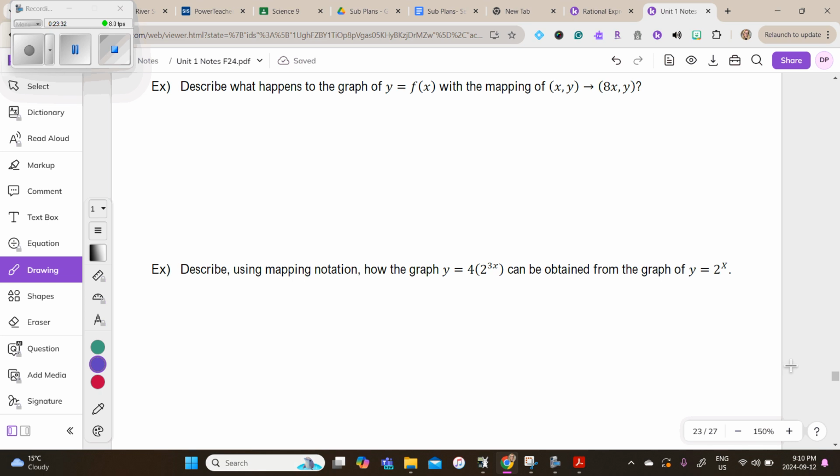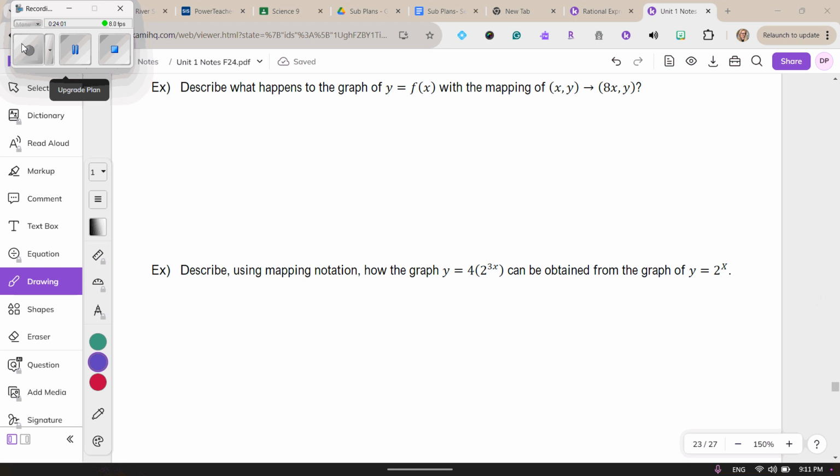I'm sure, knowing the brains in the room, we could come up with lots of different ways. I'm going to stick to the standard of flipping it to replacement notation, which in turn can tell us exactly what's happening to the graph. However, even if you just want to look at that and say, okay, well, that means the x value is going to be stretched by a factor of 8, that is also acceptable.